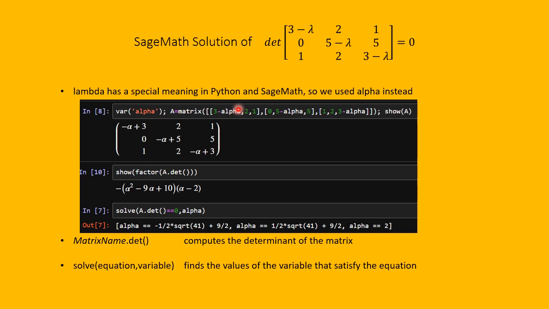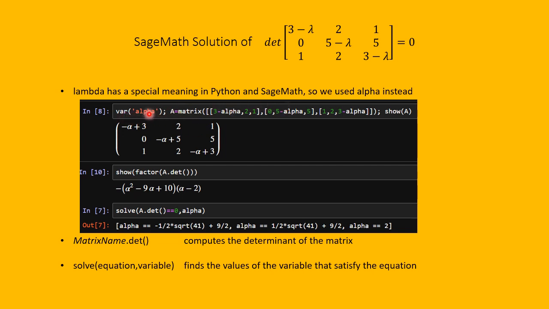So let's see how we can solve this equation using Sage Math. I'll have to use a different letter than the Greek letter lambda because lambda has a special meaning in Python and Sage Math. So I'll just use alphas here instead of lambdas. So the matrix that we're going to look at is this one, and we defined that matrix up here.